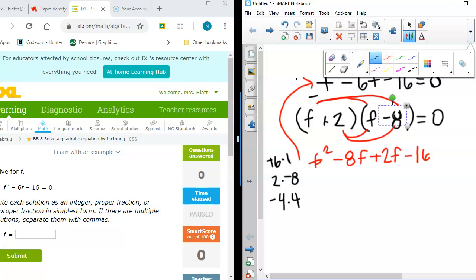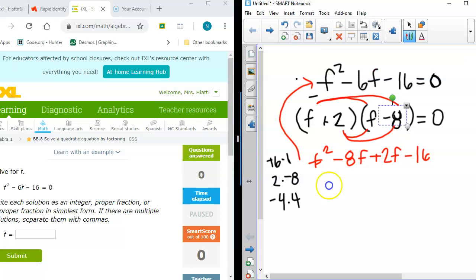that I factored correctly. I'm not done solving the problem because I want to get answers for these where I've got f equals 7 or f equals 32 or something like that. In this case, I know f plus 2 has to equal 0 and f minus 8 has to equal 0.